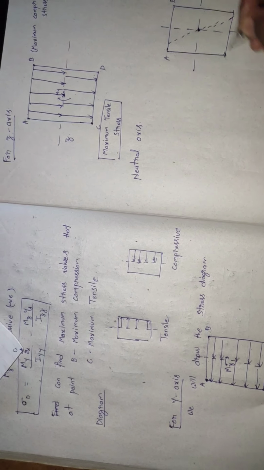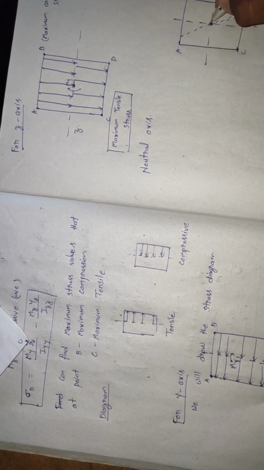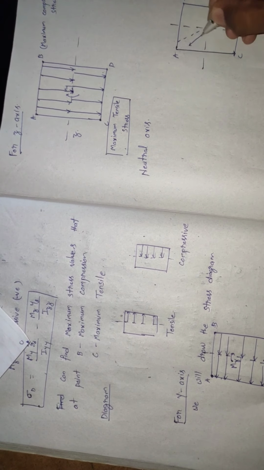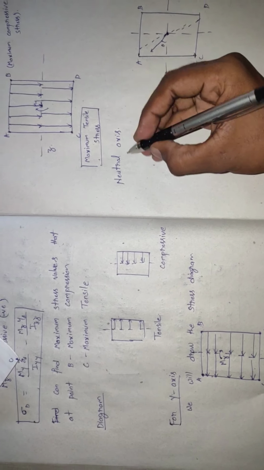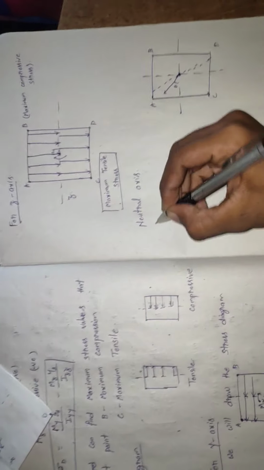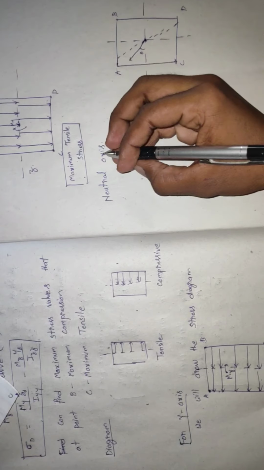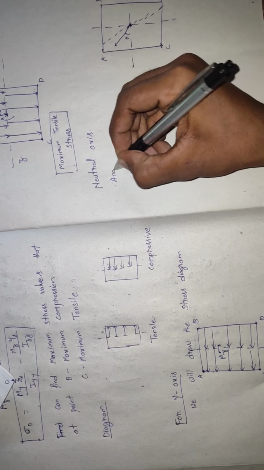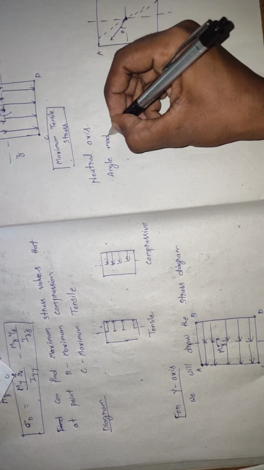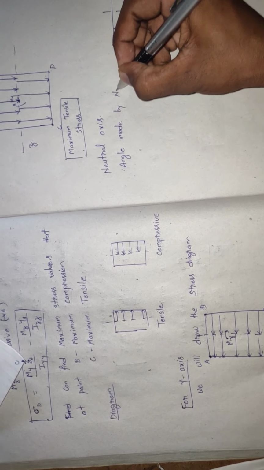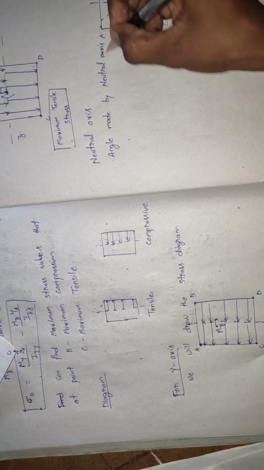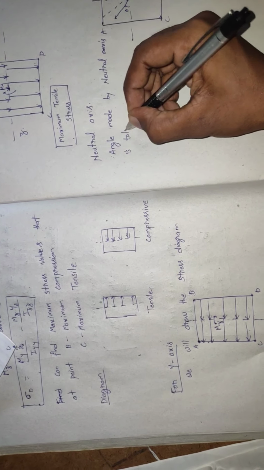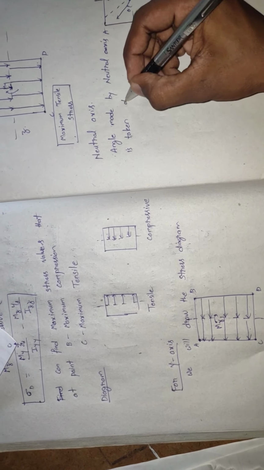A, B, C and D. This is the load. This is the theta. For finding the neutral axis, the angle made by the neutral axis is taken as, let us take alpha.